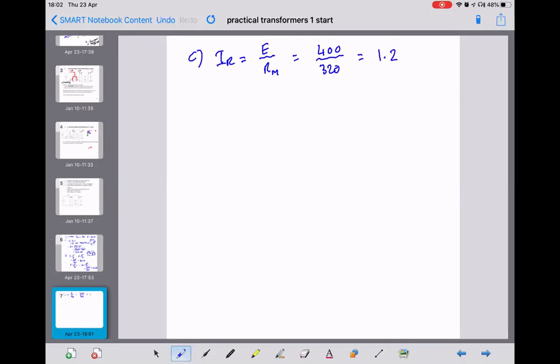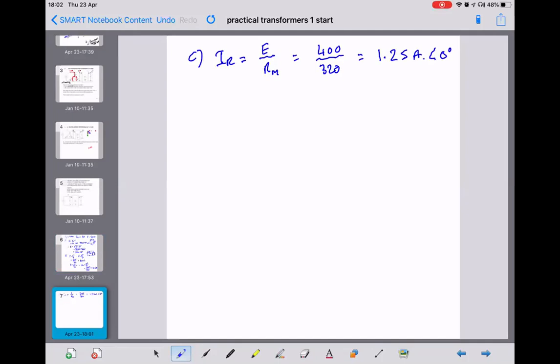I got 1.25. And the angle on that, for reference, is 0, because it's in phase.